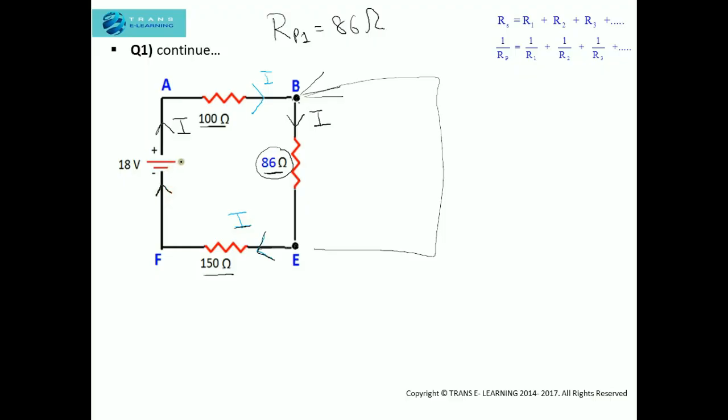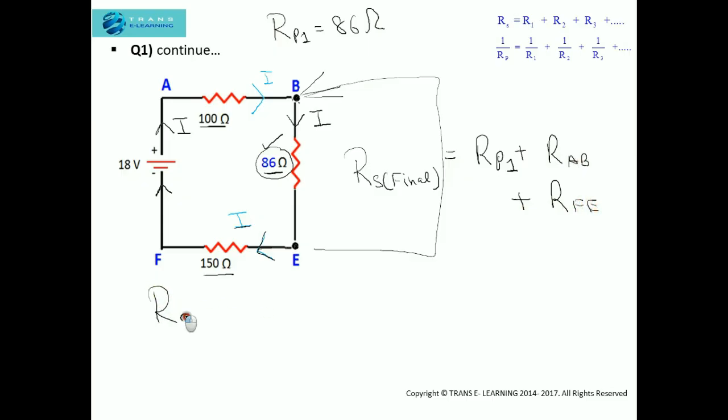As the current is the same, the final resistance will be equal to the sum of the resistance in parallel that we calculated, that is 86 ohm, then the resistance across AB, and then the resistance across EF.